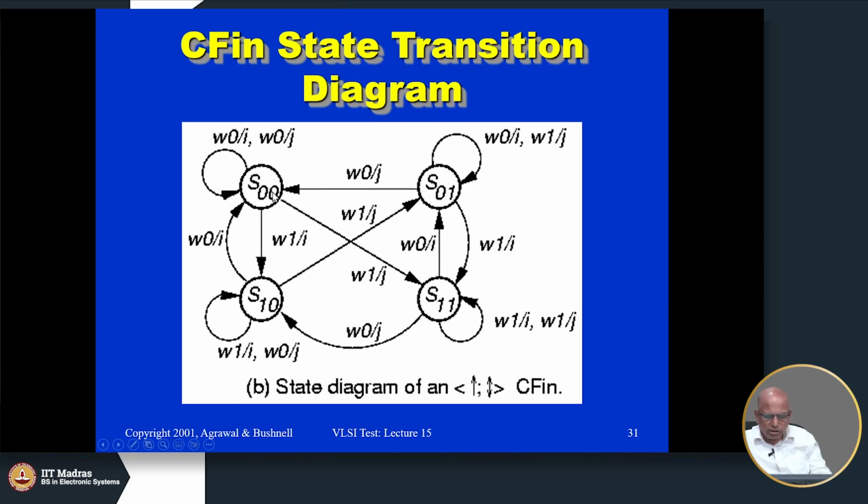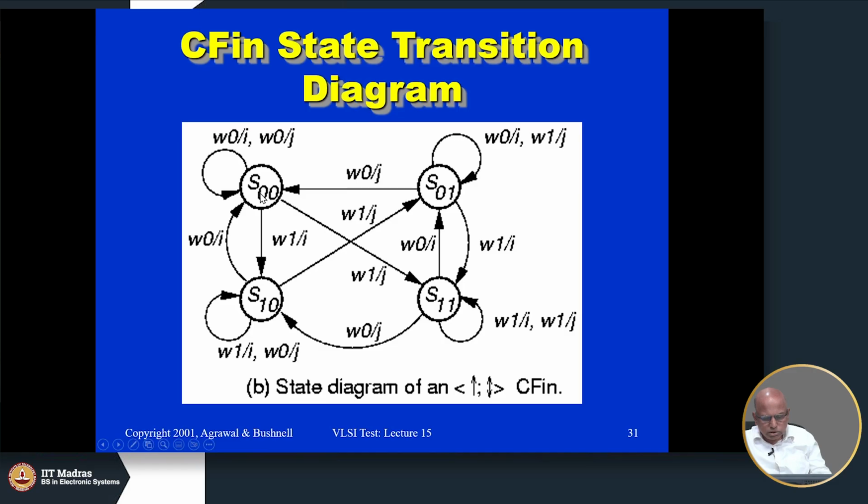So, here you can see that, let us see, he considers this to be j and this to be I. So, we are writing a 1 here.